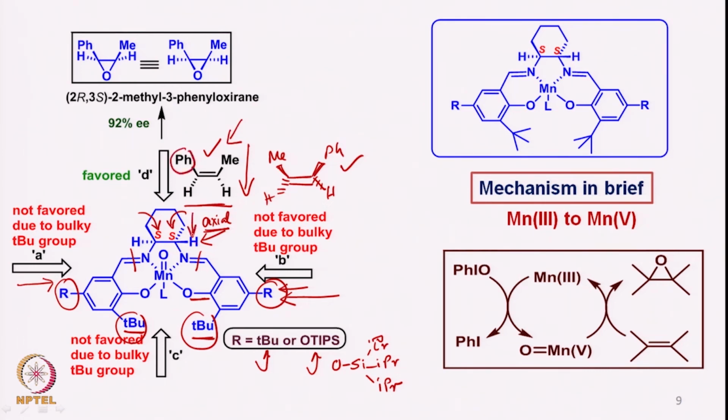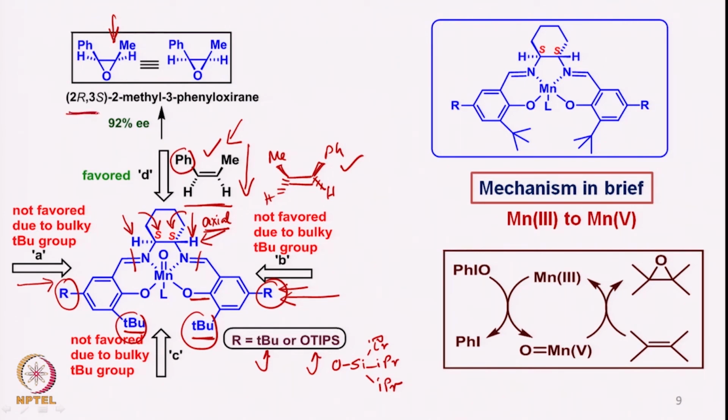It goes on the left hand side where the hydrogen is pointing downward, and therefore the epoxidation occurs to give this particular epoxide, where the phenyl group is on the left hand side and the methyl group is on the right hand side, and that epoxide has the 2R 3S configuration.